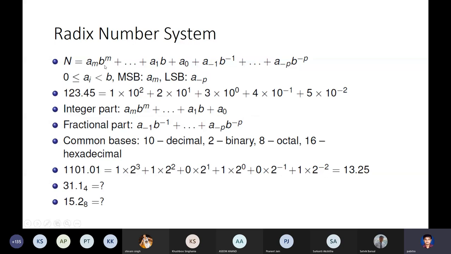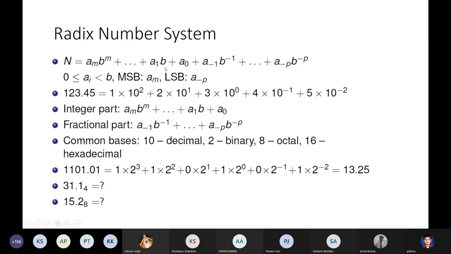Okay, so the weights are powers of the base b. The 0th position has a weight of b to the power 0, which is 1, and as you go to the left, towards the most significant part, you have b squared, and so on, b to the power m.